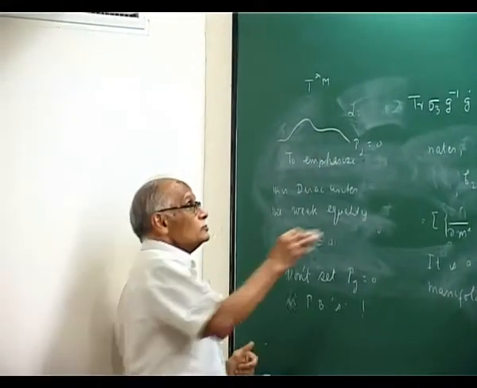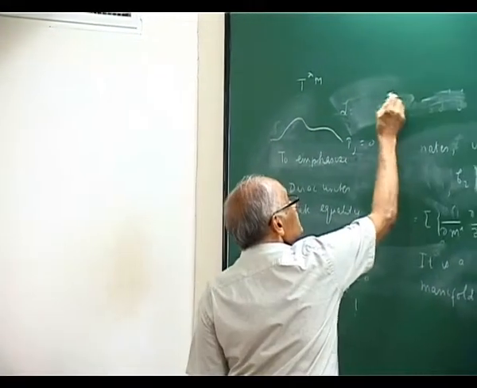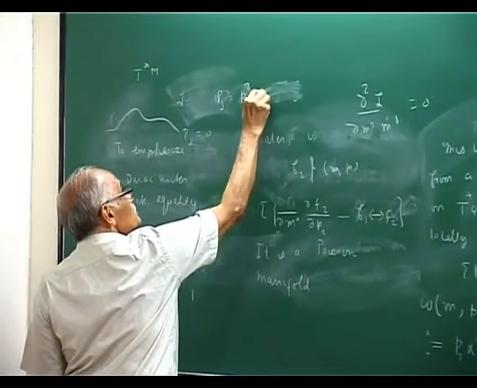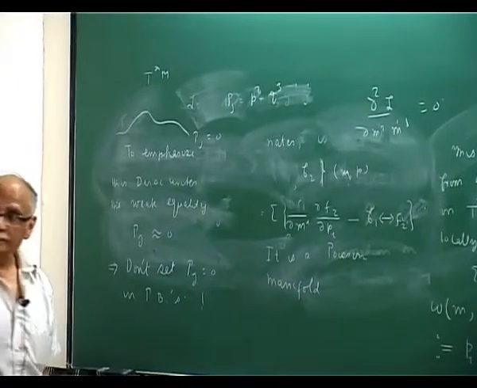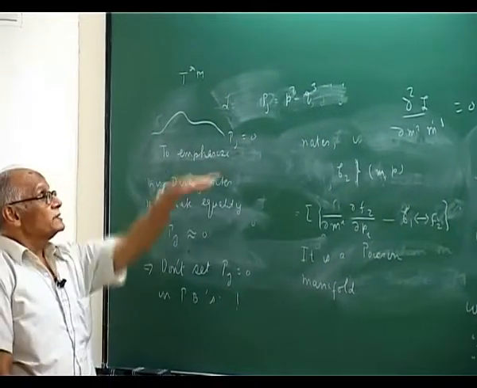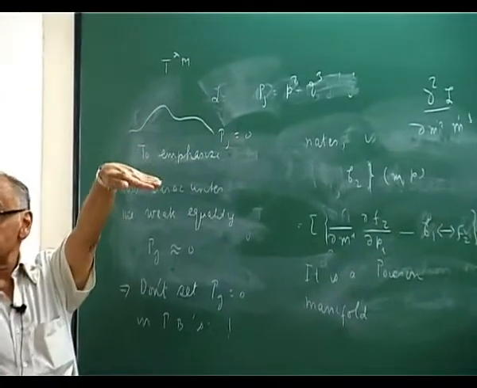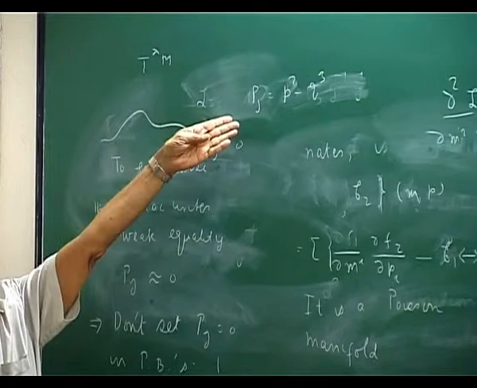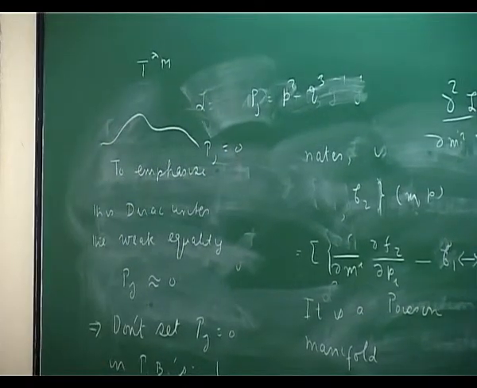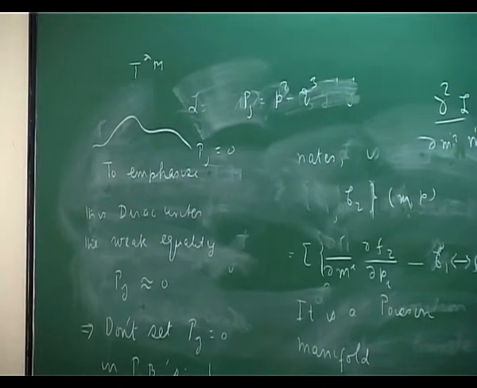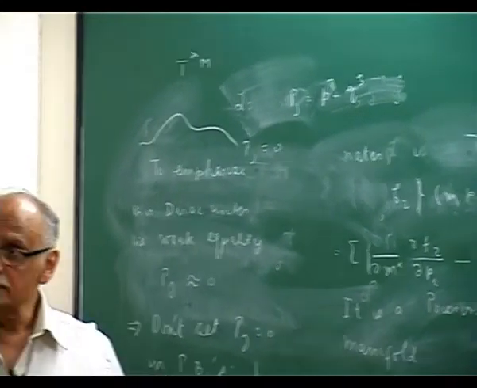For example, take Pj as p squared minus qq. The zero set of this is p squared equal to qq. But the Poisson bracket of Pj is not 0 with some arbitrary function, say with p, it's not 0. Even on the submanifold, yes, even on the submanifold.